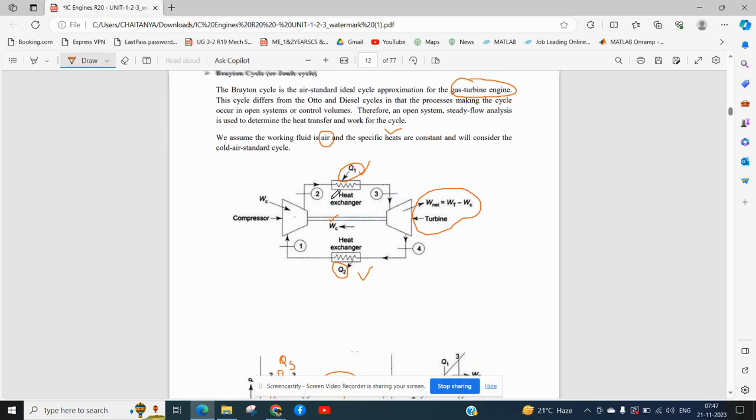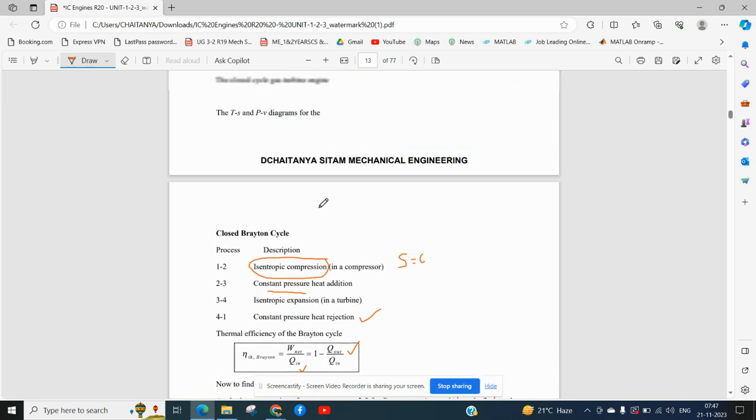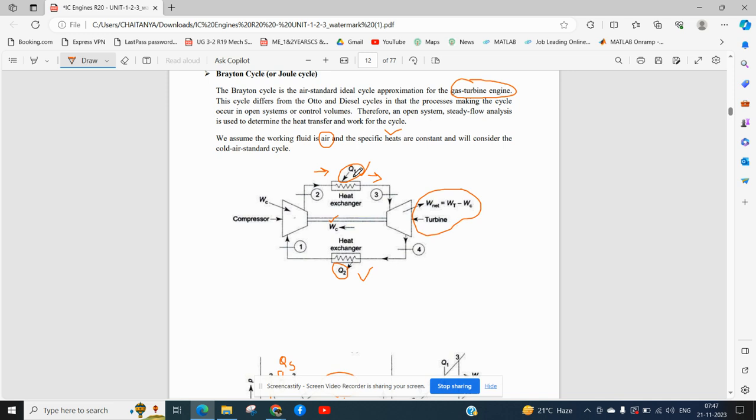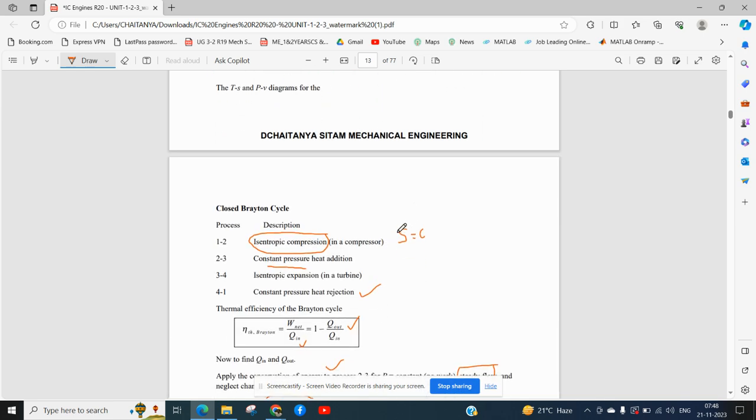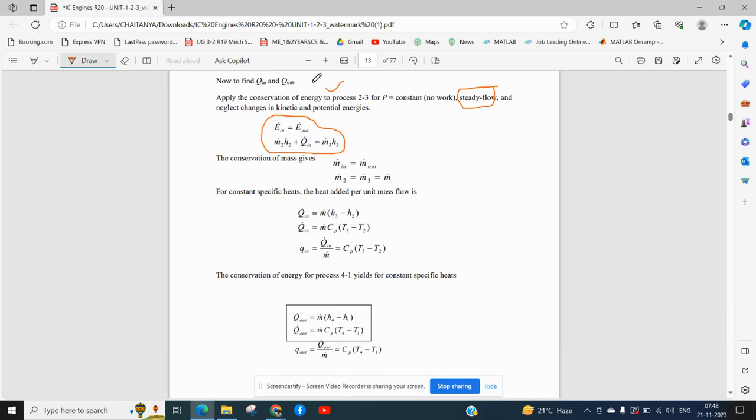Why 2 to 3? Because in the heat exchanger mass enters and leaves before going to the turbine. Here Q1 is supplied by introducing a homogeneous mixture of fuel that undergoes combustion, and the gases rotate the turbine. Generally, this is the working model.